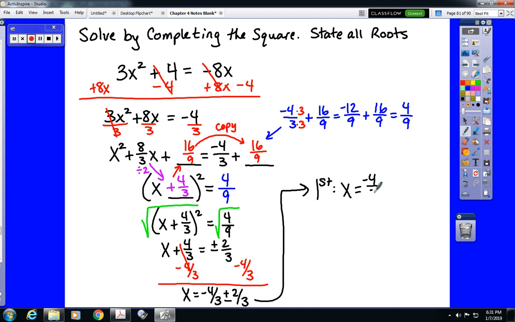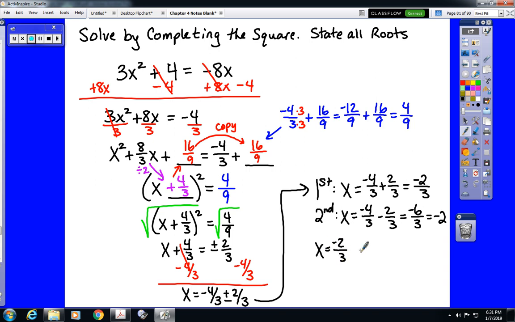So negative 4/3 plus 2/3, that would be negative 2/3. And our second answer, x could be negative 4/3 minus 2/3, which would be negative 6/3, which reduces to negative 2. So our answers are x equals negative 2/3 or x equals negative 2.